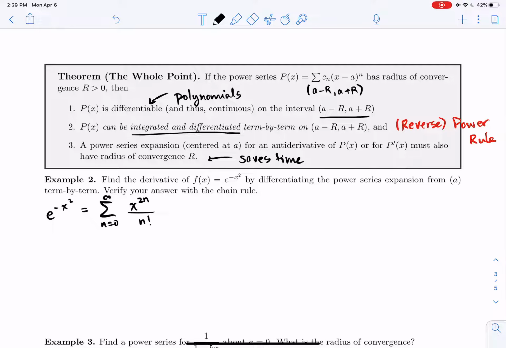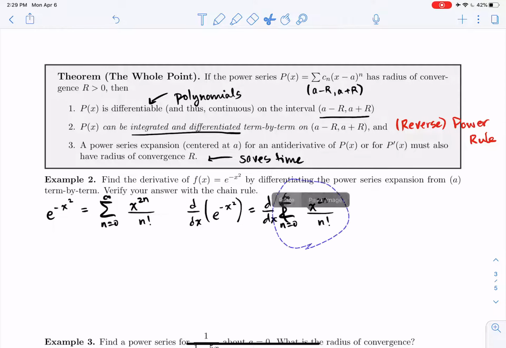If we want to take the derivative of e to the minus x squared, that would be the same as taking the derivative of this infinite series. I'm just going to tell you, and this is pretty technical, this theorem is actually very powerful, but what this part of the theorem gives us is it allows us to switch the sum and the derivative's place when the sum is infinite.